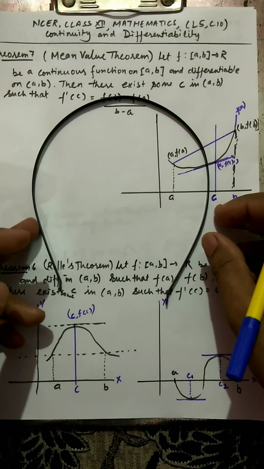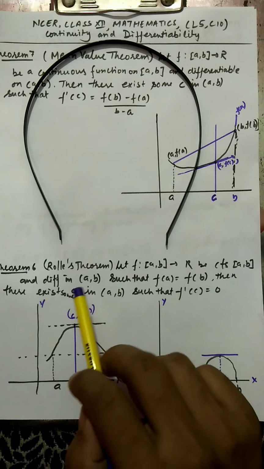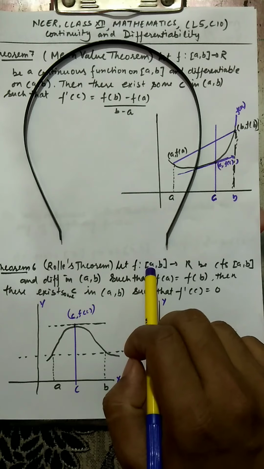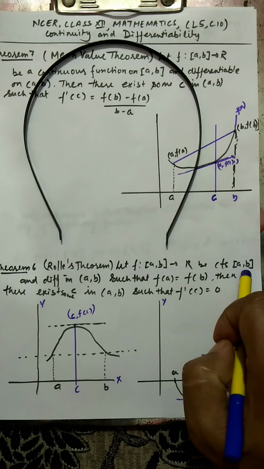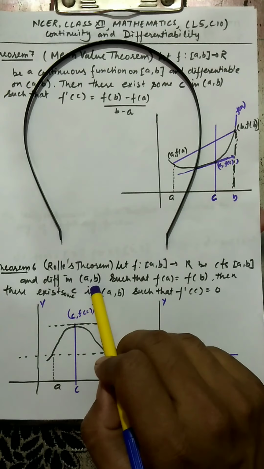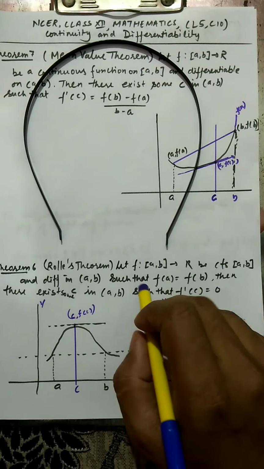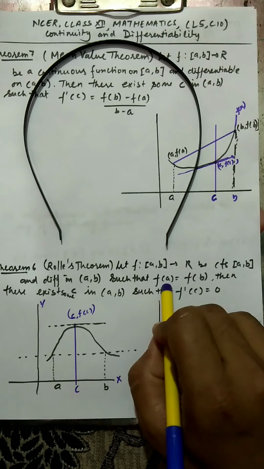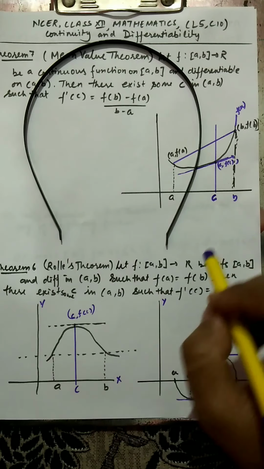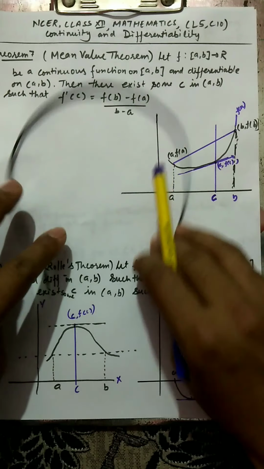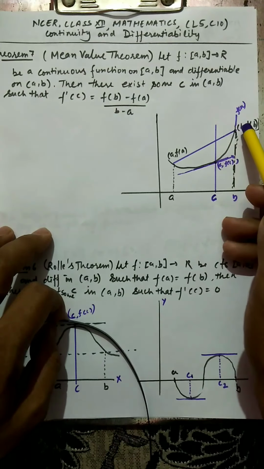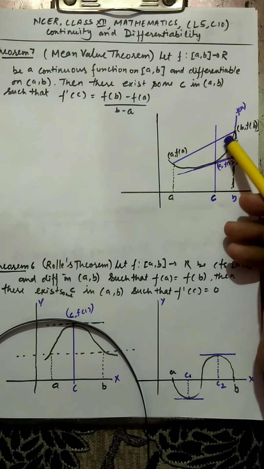What does Rolle's theorem say? Let f be a function defined from the closed interval [a, b] to R, continuous in [a, b] and differentiable in (a, b). These two conditions were there in the mean value theorem also, but one more condition has come: f(a) = f(b). What does it mean, f(a) = f(b)?